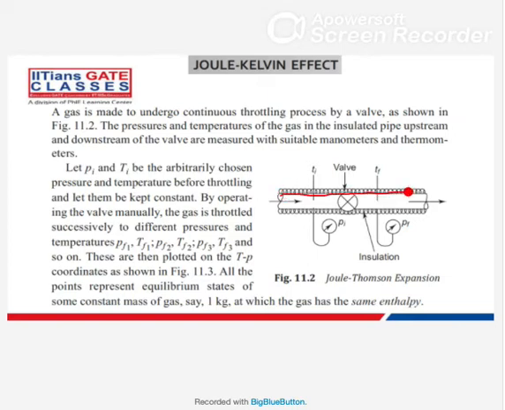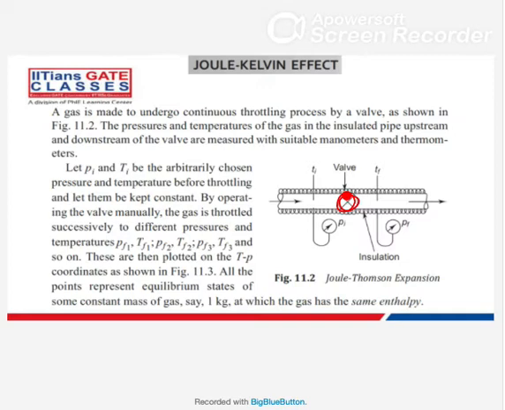So let's say we have a pipeline here, and some fluid is flowing, and the left hand side is the initial temperature, and this is your valve, the throttling valve. The right hand side is your final value you will get after throttling. You can open this valve by a very small amount, or increase the flow, so you can change your conditions.